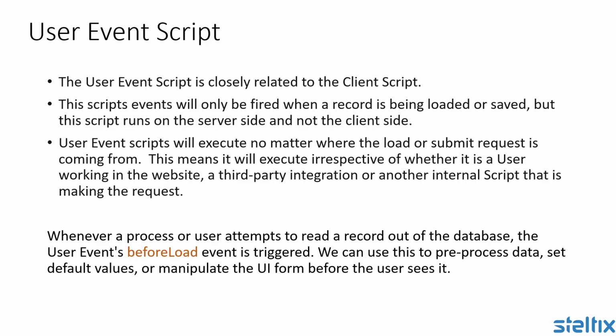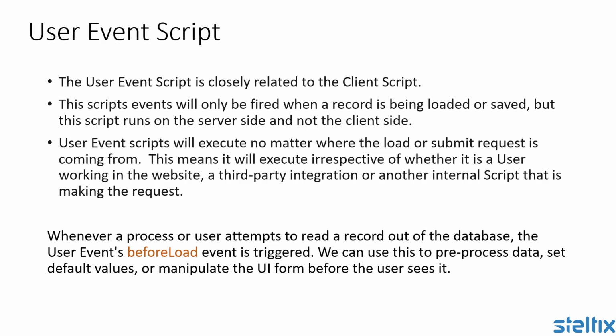Or if another script is working on that record, then when that script is being executed, it will also fire the user event. So the user event will always be executed when a change is made, irrespective of whether it's a website, a third party, or another script in your system.